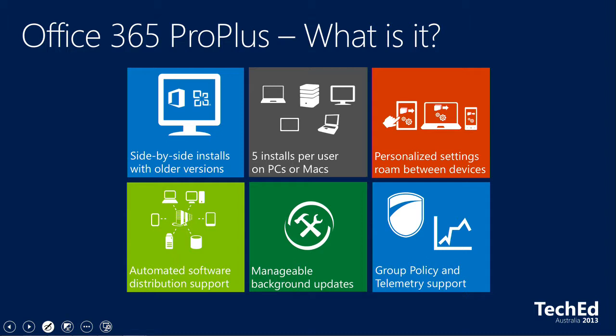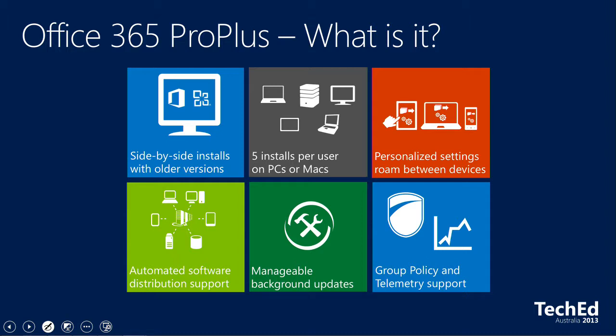Back during that time frame, one very popular solution to both of these challenges was to take Office 2010 or Office 2007, but more predominantly Office 2010, and package it up with App-V streaming technology.